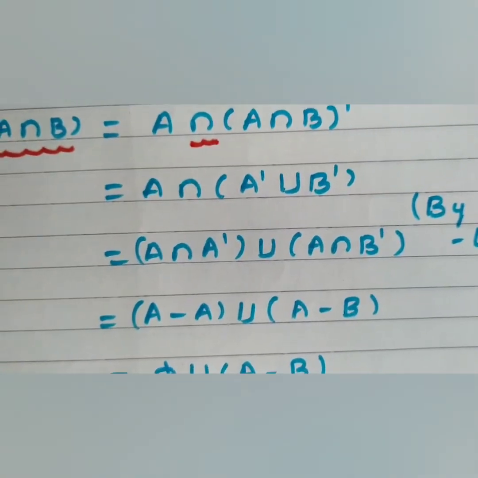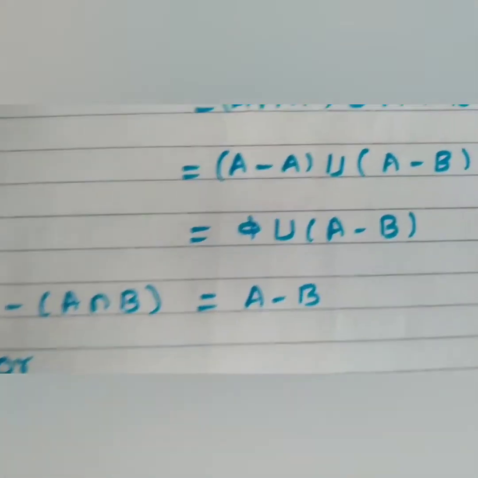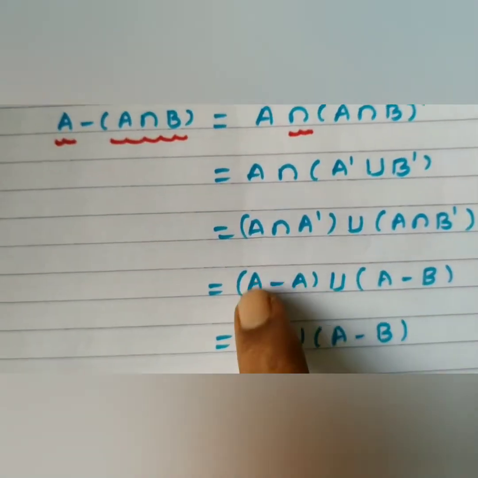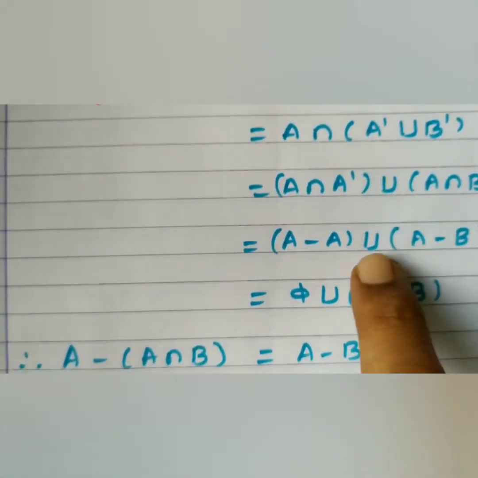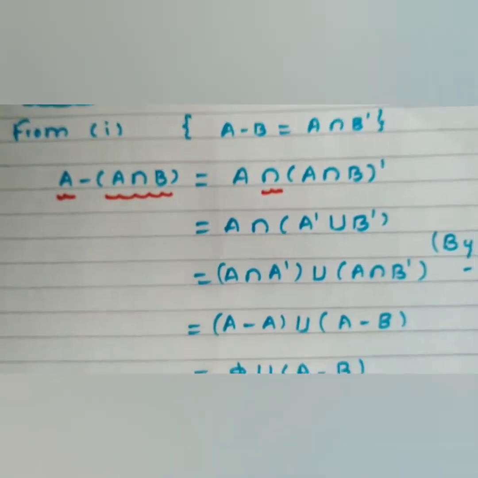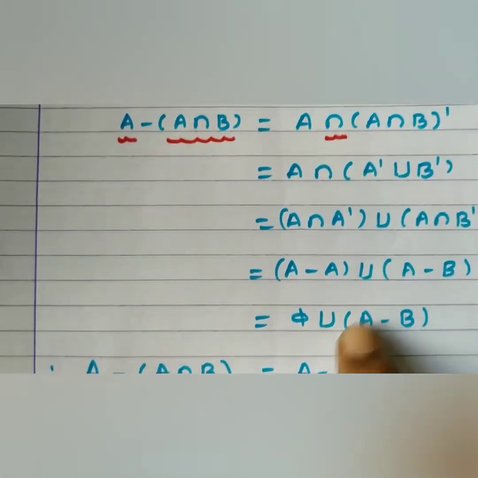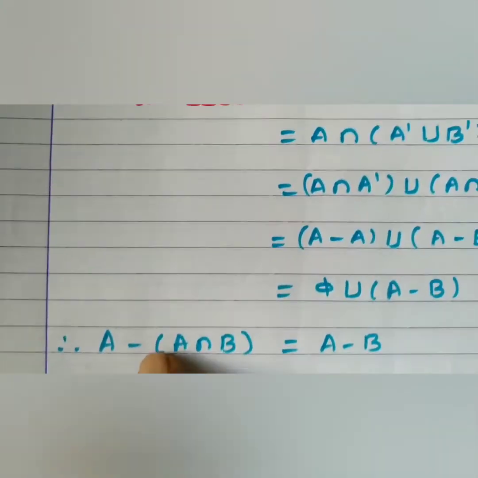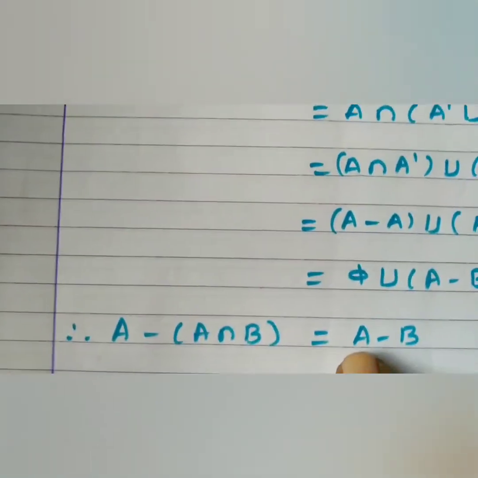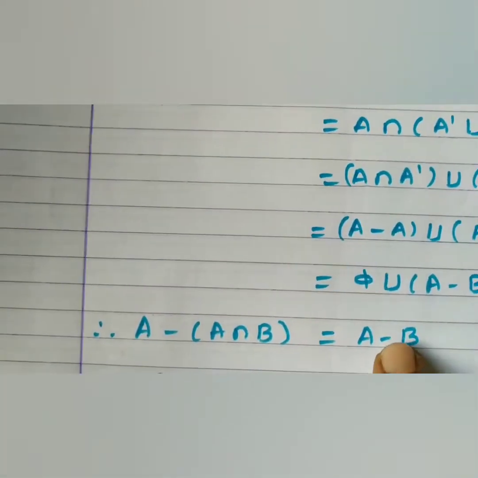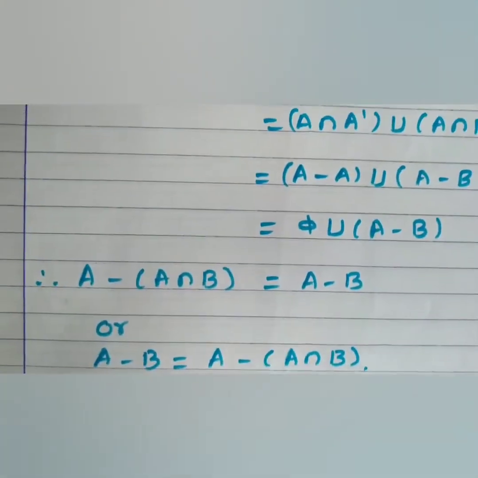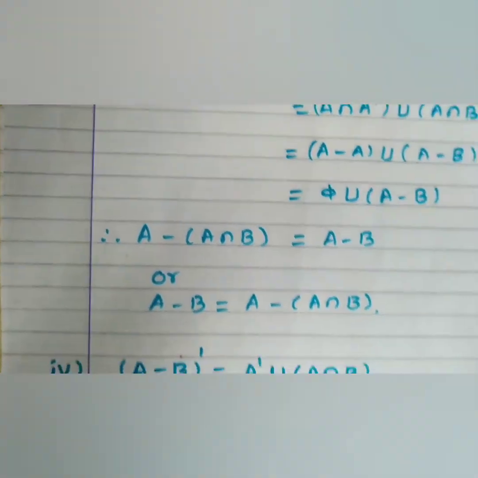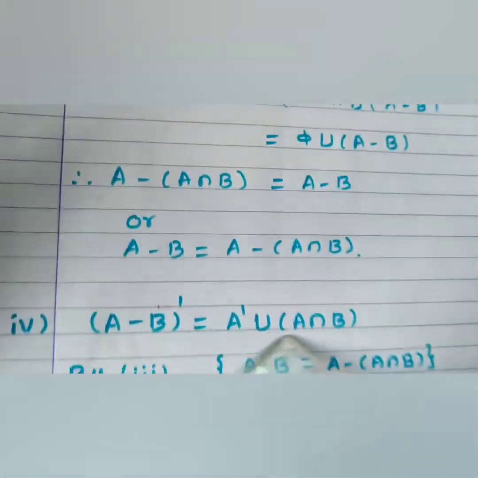A intersection B dash is written as A minus B. Now A minus A is empty. Then keep union as it is, and A minus B as it is. Empty union A minus B is nothing but A minus B. So we did the result: A minus of A intersection B is A minus B, or this A minus B is written as A minus of A intersection B.